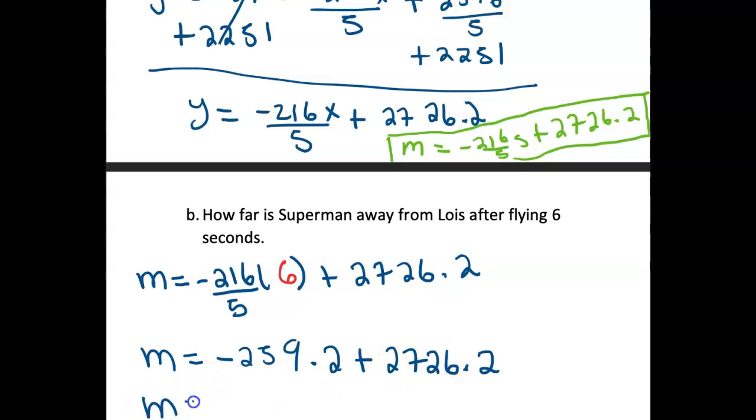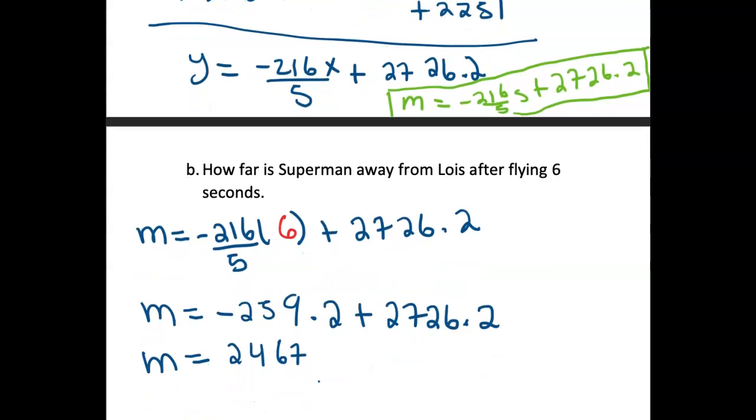We're going to go ahead and do that subtraction. And we get 2467. That's the distance Superman is from Lois after flying for 6 seconds.